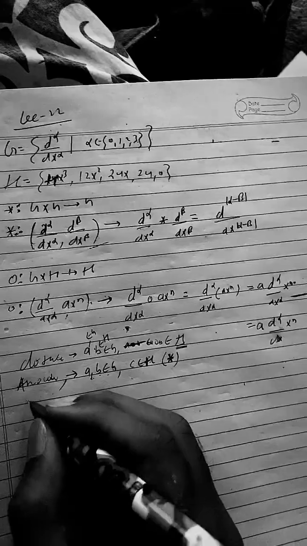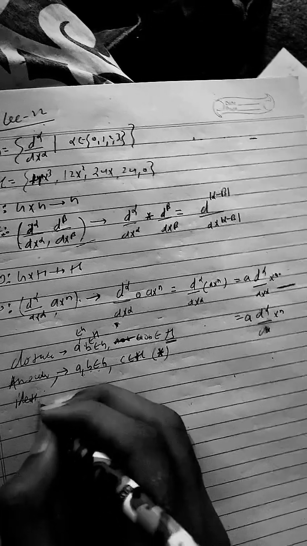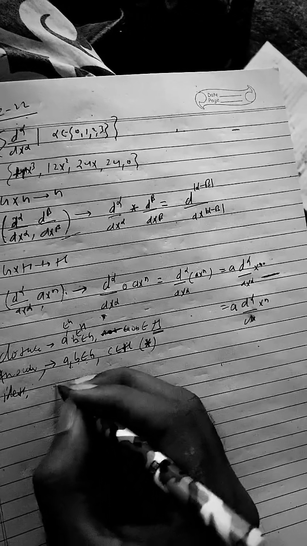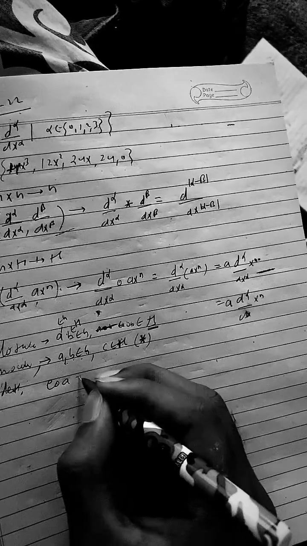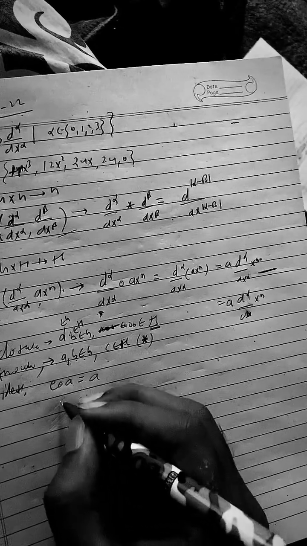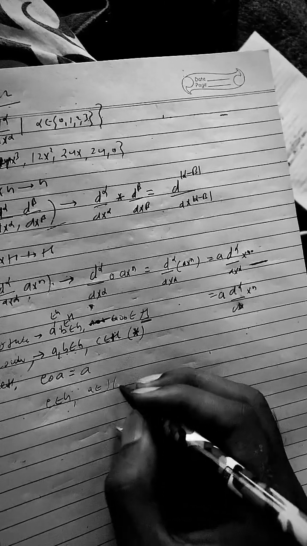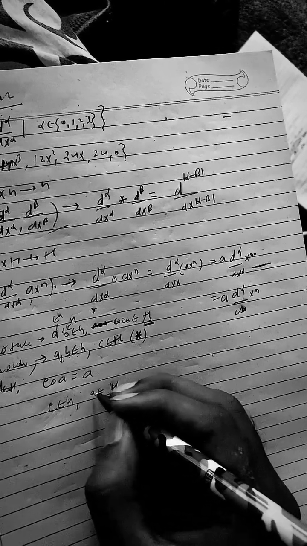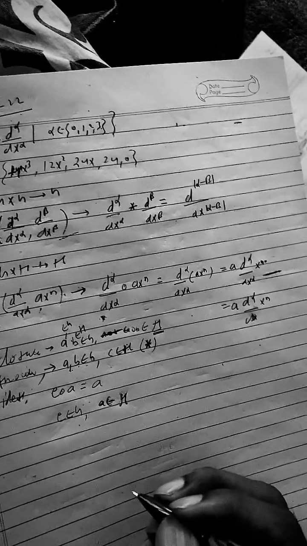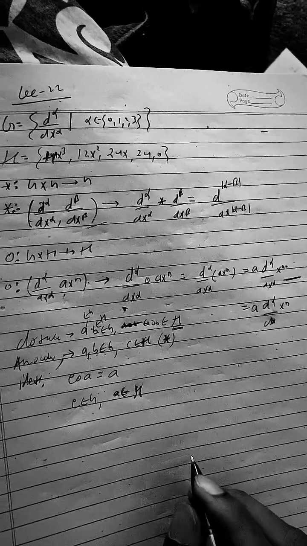We had identity, and we defined identity that E · A equals A. Now we said this E must come from G and A must come from H, and this is how we define identity, right? And we can say there is no commutativity in this.